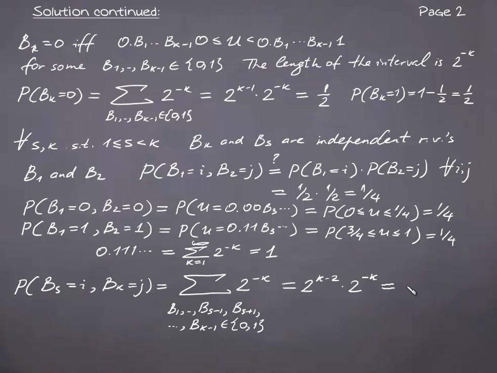So by taking the product we obtain 2 to the power minus 2, which is 1 quarter, equal to 1 half times 1 half, which equals the probability that bs is i times the probability that bk is j. And it's true again for every i and j.